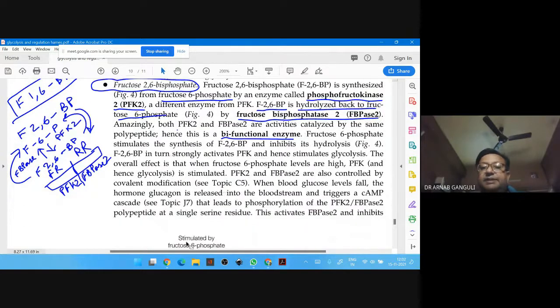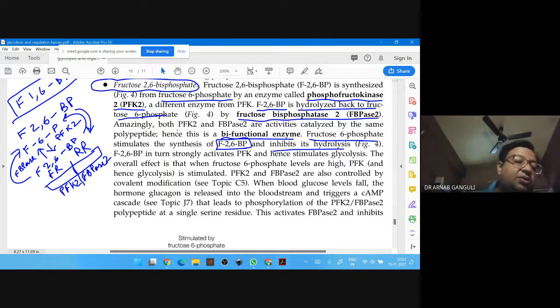Now fructose 6-phosphate stimulates the synthesis of fructose 2,6 bisphosphate. The forward reaction is stimulated by fructose 6 phosphate. With a lot of fructose 6 phosphate, apart from fructose 1,6 bisphosphate, fructose 2,6 bisphosphate is also made, and this inhibits the hydrolysis.